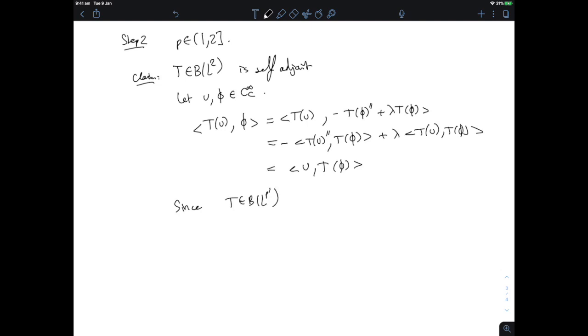Okay, so T is self-adjoint, and I also know that it is bounded on Lp prime, because p prime is above 2, and we've shown the boundedness of the map T, initially defined on C infinity compactly supported functions, on Lp prime.